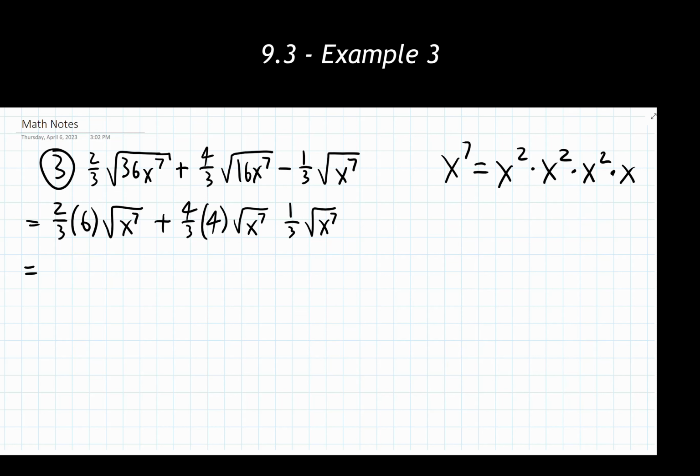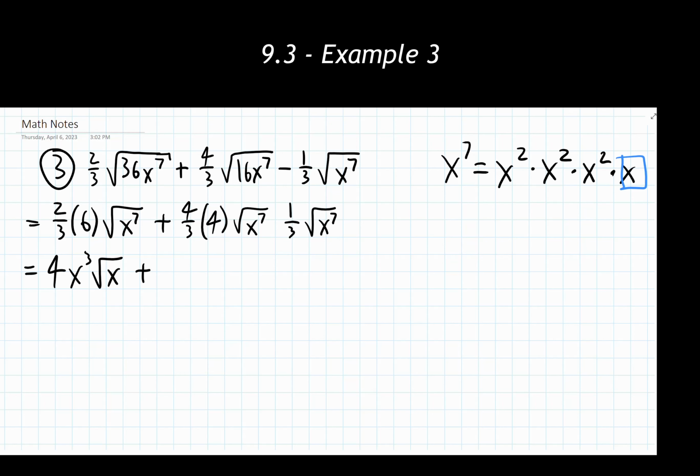So each of these new coefficients, with this first one, 2/3 of that, is going to be 4 x to the 3rd square root of x. Again, I still have this x left over here, so I have to leave that inside of each radical.